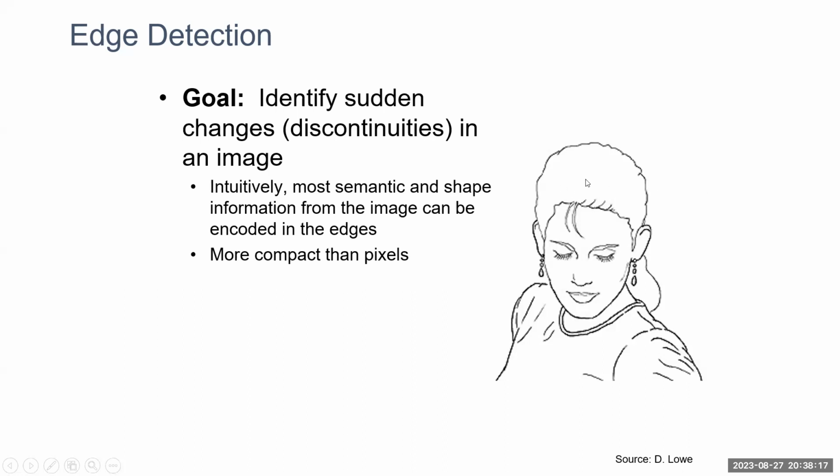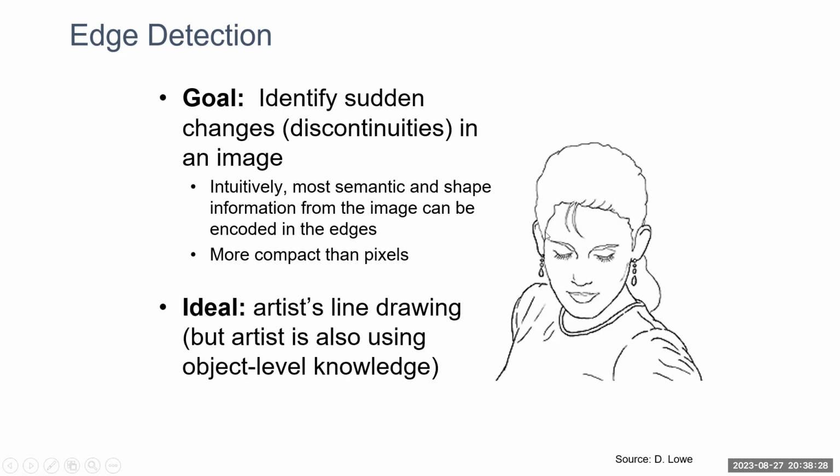The ratio of total pixels to edge pixels is very high. Also, when you talk about object level knowledge, even an artist, when trying to draw an image, starts with the edges, right? So these are common sense.